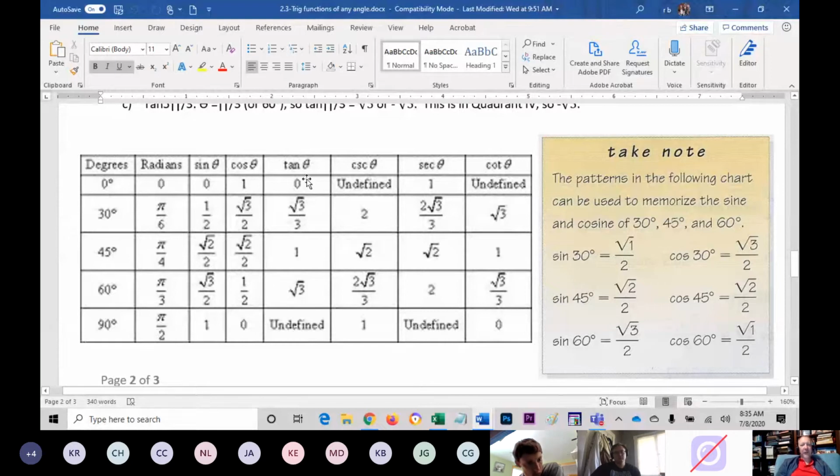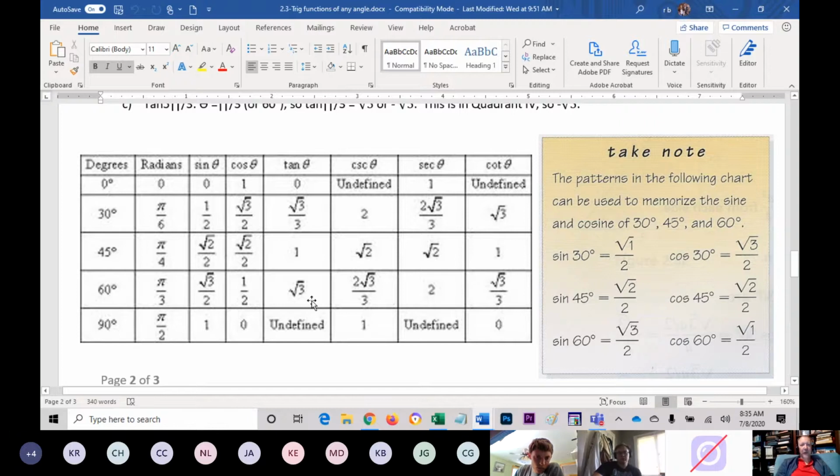If you have not got at least the sine, cosine, tangent memorized for these here, you're going to be in trouble for the test. So that's going to be huge. The tangent is undefined for 90 degrees. And of course, the cotangent will be, basically, these are all flipped.